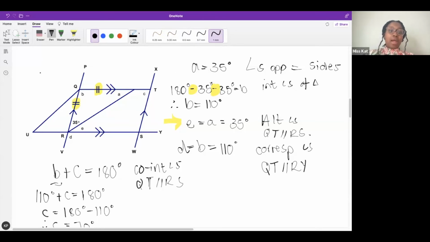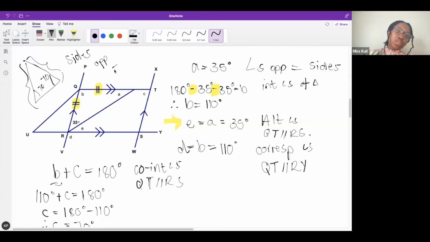But let's say you get an isosceles triangle that says 70, 70, and you want to tell me that these two sides are equal. This time, your reason will be sides that are opposite to equal angles. Do you see the difference? Yes, ma'am. Thank you, ma'am.